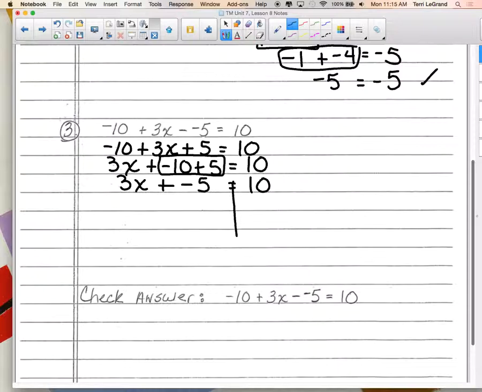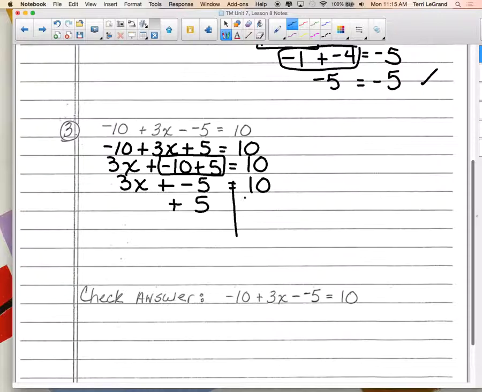Okay, now what? What would we do if we did have the algebra tiles in front of us? The 3x says, get those guys out of there. Get rid of those negative 5. How are you going to get rid of that negative 5? No, we're not going to divide. What are we going to do? We need 5 positives.